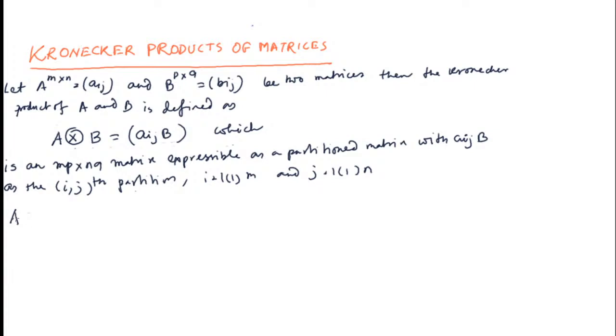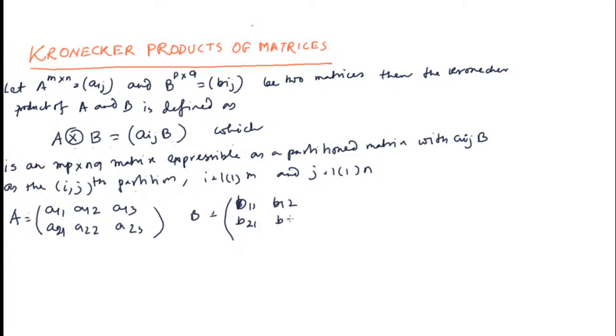Example: suppose your A matrix is like that, not necessarily a square matrix. Here I consider a rectangular matrix of order 2 cross 3, and another matrix B of order 3 cross 2.